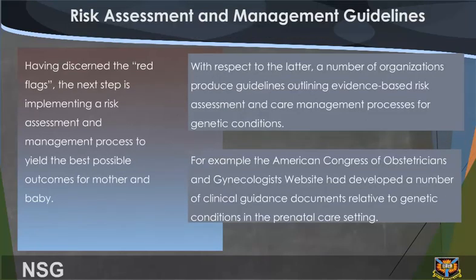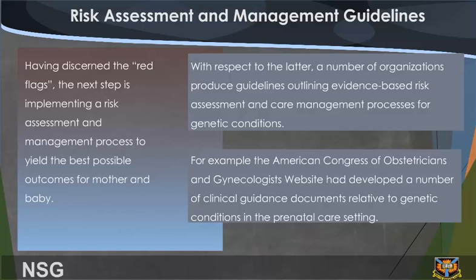Risk assessment and management guidelines. Having discerned the red flags, the next step is implementing a risk assessment and management process to yield the best possible outcomes for mother and baby.